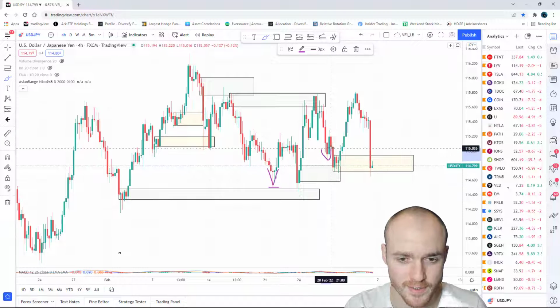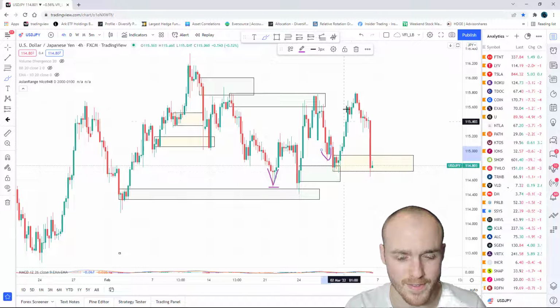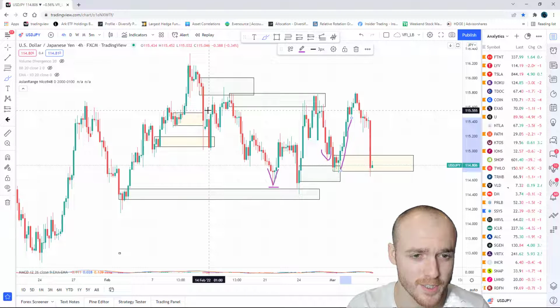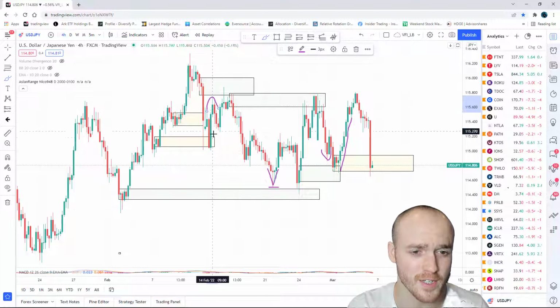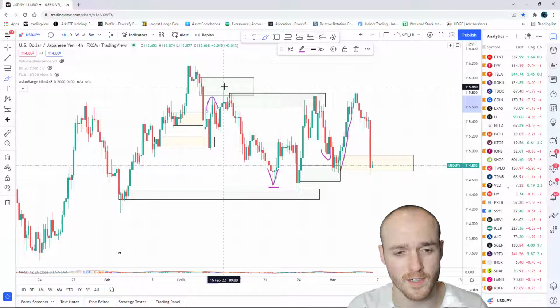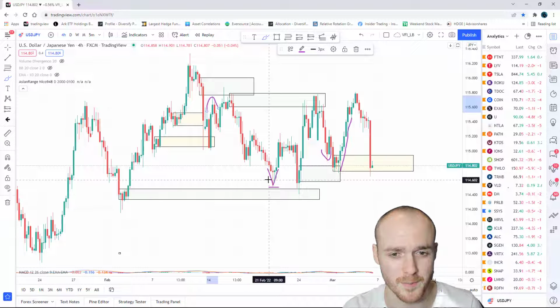So we can see that happened right here. Price did not quite reach the order block, went up a little bit, came back down, and then reacted off of the order block. Okay. Same thing happened right over here for the bearish order block on the left side. Price did not quite reach the order block, came down a bit, and then swept into the order block before reacting sharply to the downside as expected.